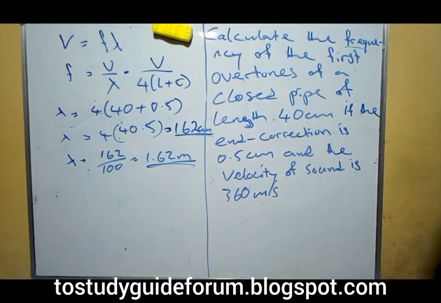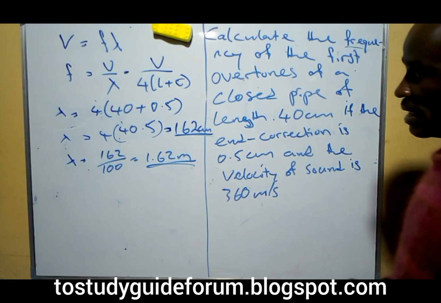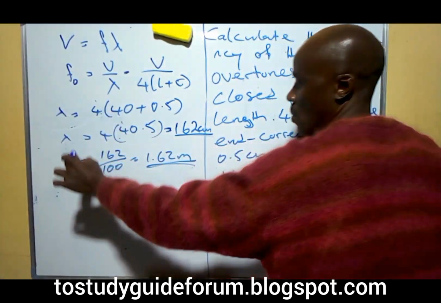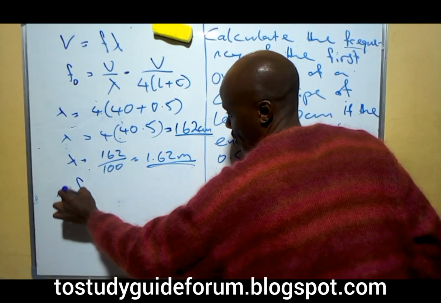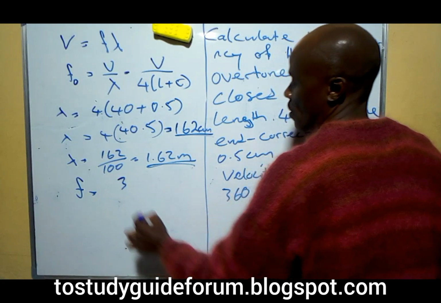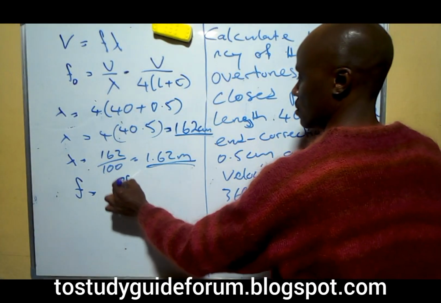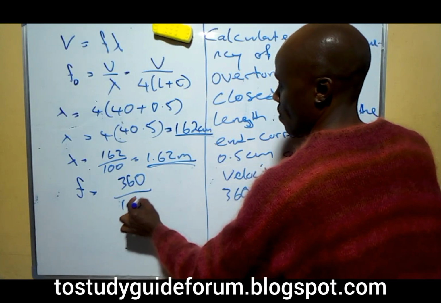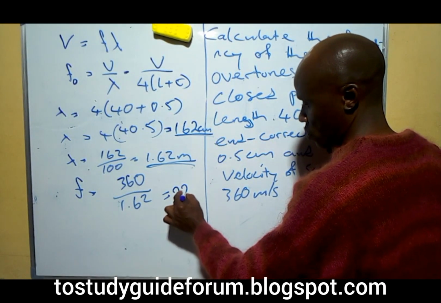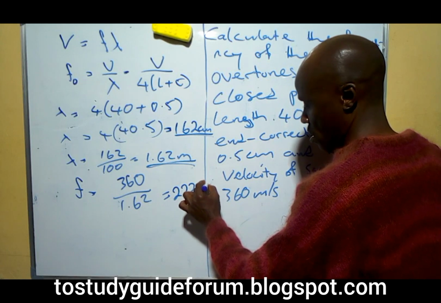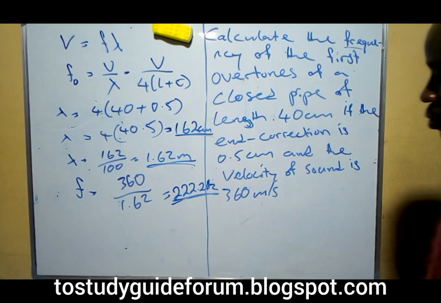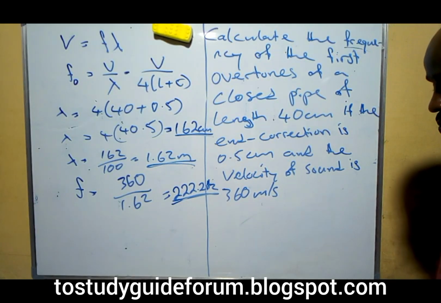So now the first thing we're going to do is to find the fundamental frequency, f0. The fundamental frequency will be the velocity, the speed of sound, over lambda, which will give us 222.2 hertz. That is what we have.